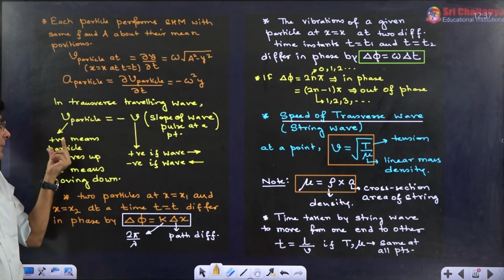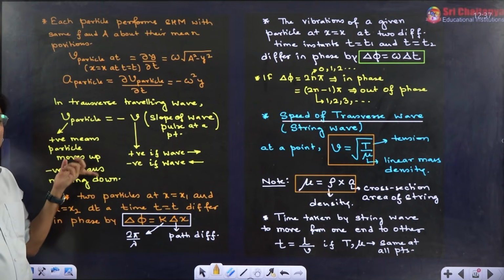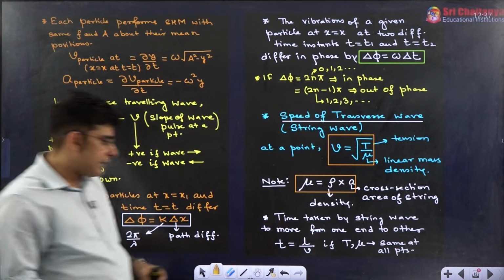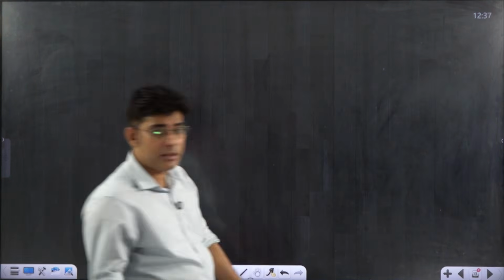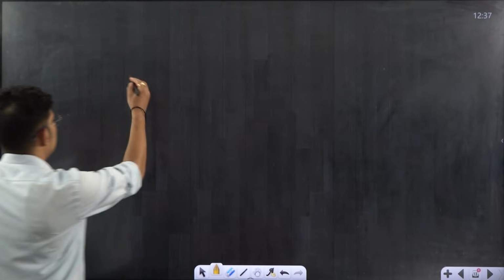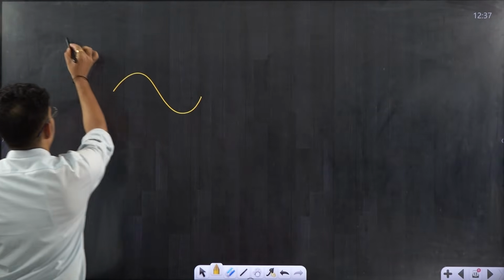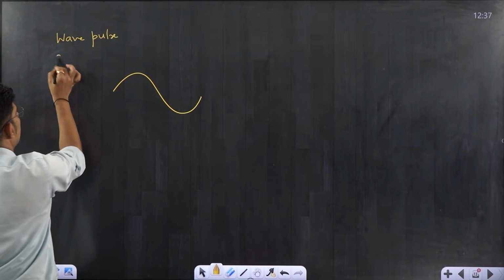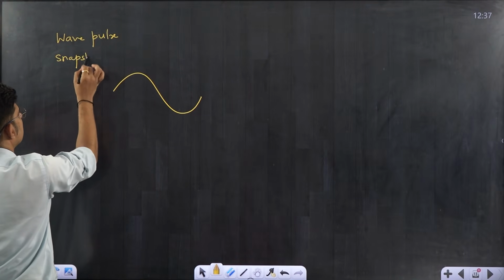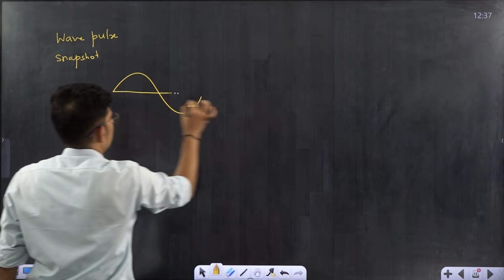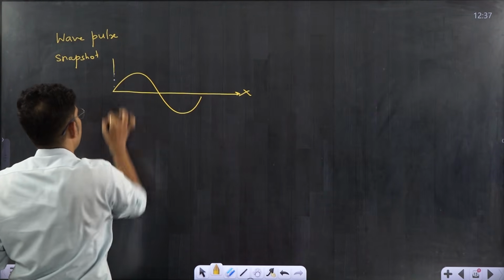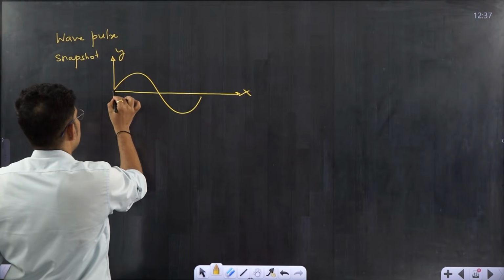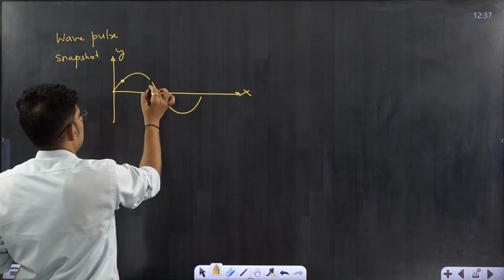So from here, if you get the particle velocity as positive, this means particle is moving up. And if it is coming negative, it means particle is moving down. So to make this thing clear, I'll just take a simple example and I'll tell you another shortcut method of doing that. So suppose we have a wave pulse, snapshot given, and we are seeing some particles.